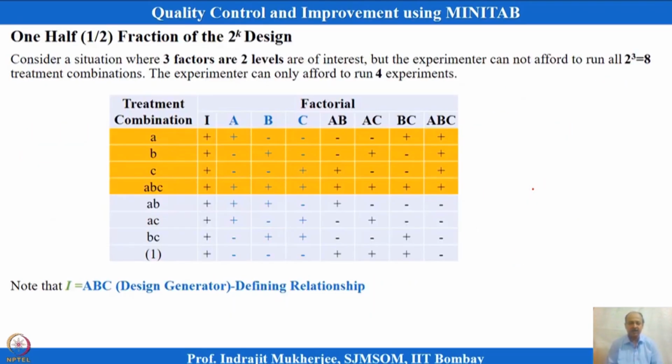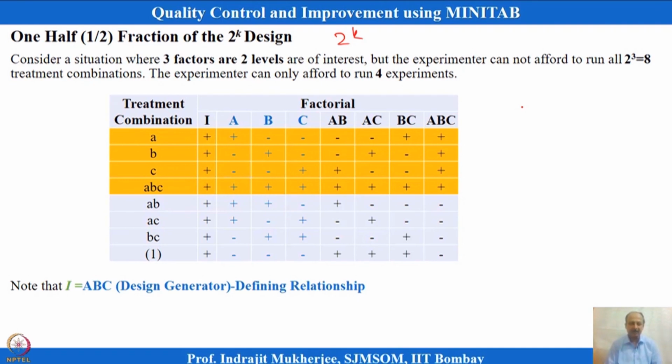Okay. So, how do you do that basically? This is called fractional factorial design. For the complete experiment, if you have k factors, we said that it is a 2 to the power k design, but we are not interested in running the full experimental trial. Let us say we want to see which factor is important.